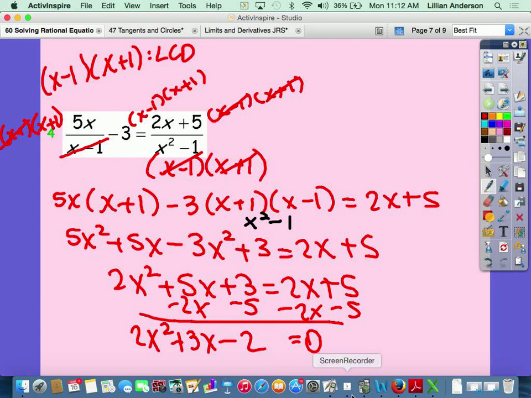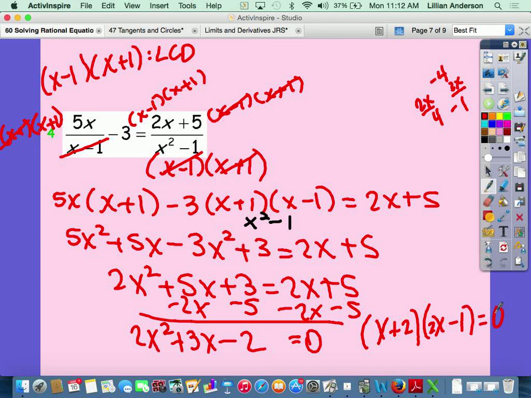Okay, you factor this. What two numbers multiply to give you -4 and add to give you +3? 4 and negative 1. What goes on top? So when I factor this and simplify it, I get x plus 2 times 2x minus 1 equals 0.